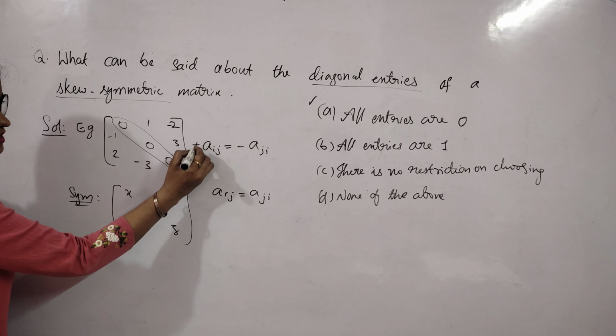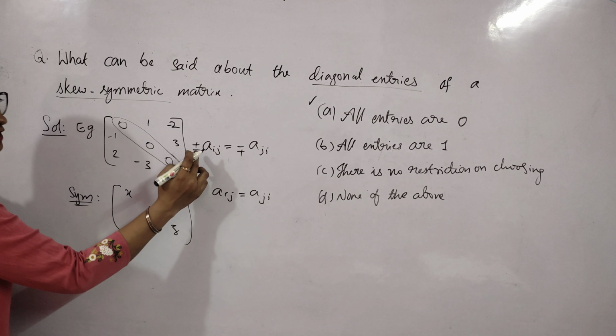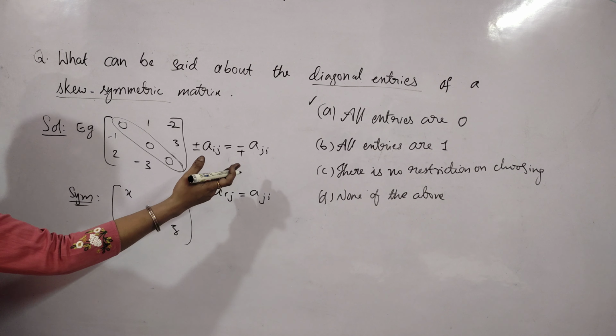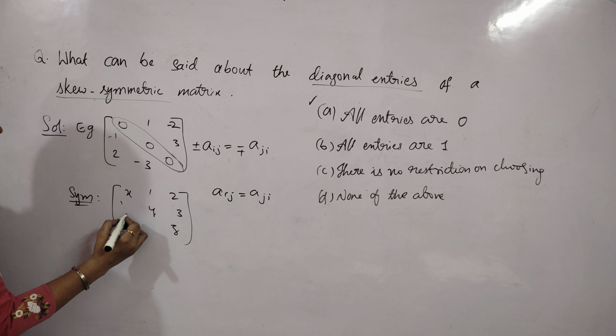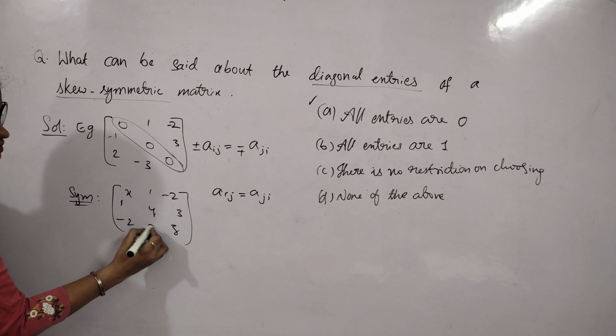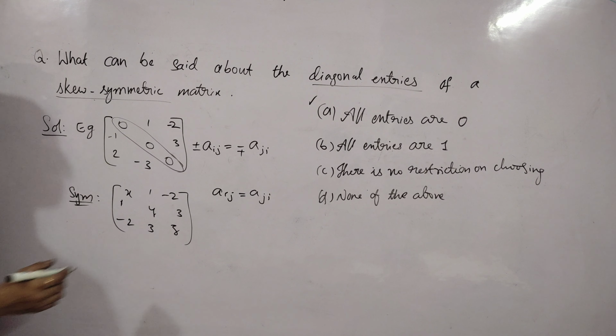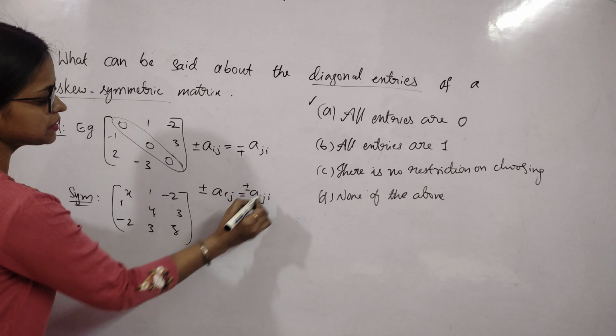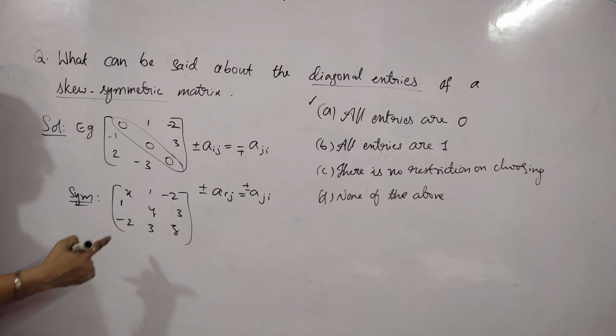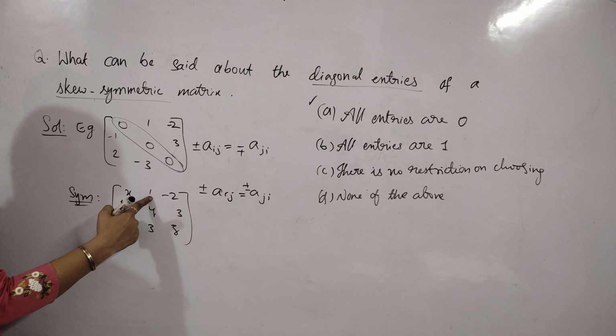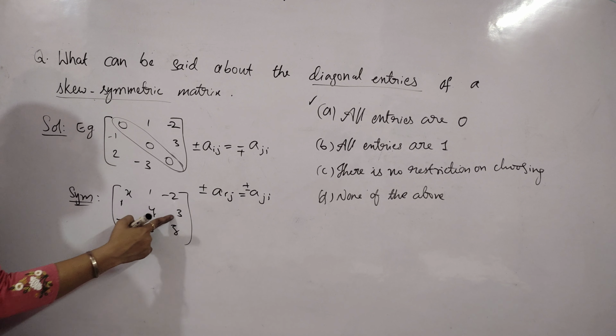Or you can say here plus or minus, there minus or plus. If it is plus, then that will be minus; if it is minus, that will be plus. Opposite. So here 1, 2, 3, then -2, -2, 3. In a symmetric matrix, whatever the sign, the same signs are present on both sides: +1, +1, -2, -2, 3, 3.